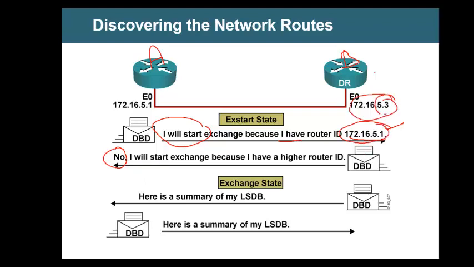I am 5.3. I'm not that small boy. I'm 5.3. I should send it. I have the higher router ID. This conversation is what is called start state. So before they start the exchange, they decide who will start the exchange. Router B is eligible now.